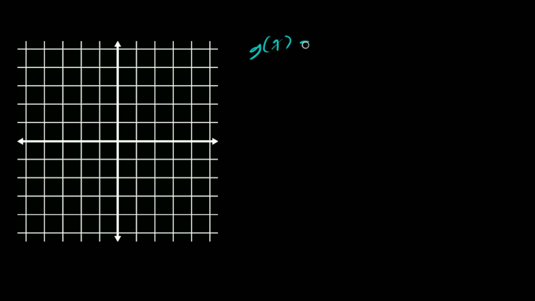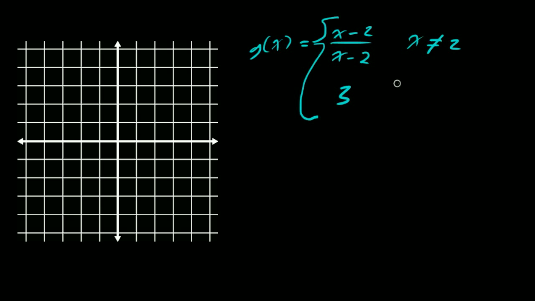If we said g of x is equal to x minus 2 over x minus 2, and we said that it was going to be defined for all x not equal to 2, and then say it's equal to, I don't know, 3. g of x is going to be equal to 3 when x is equal to 2.